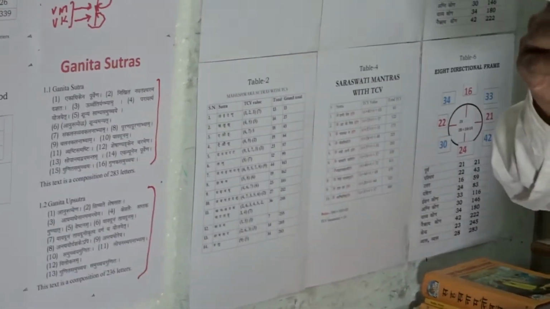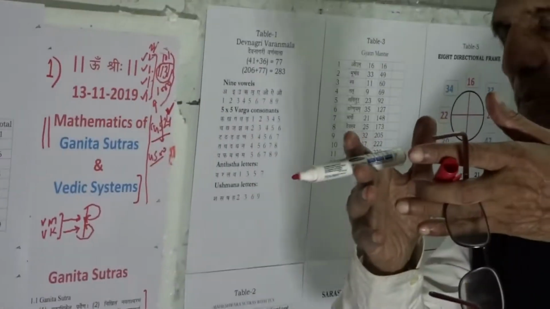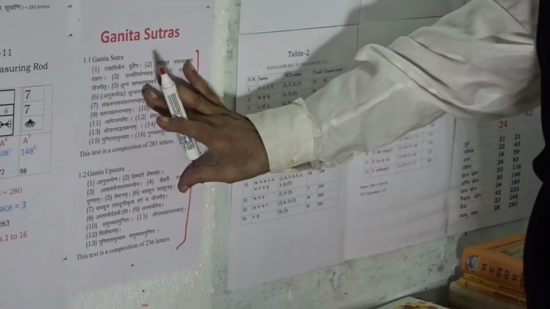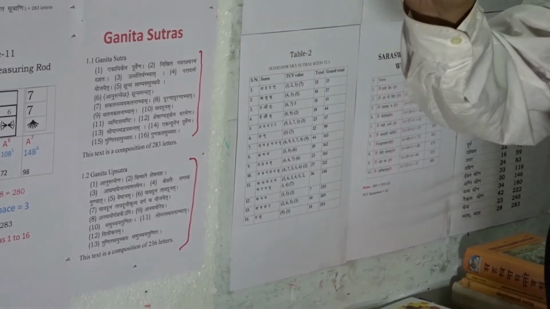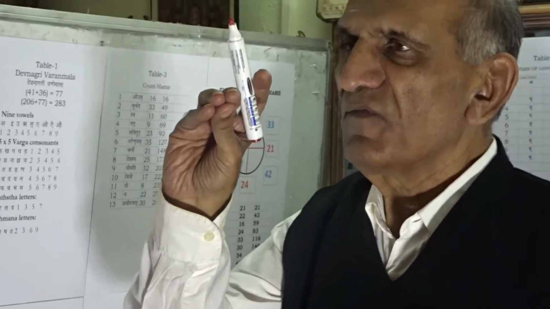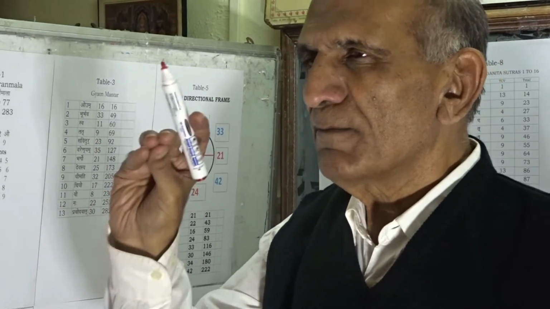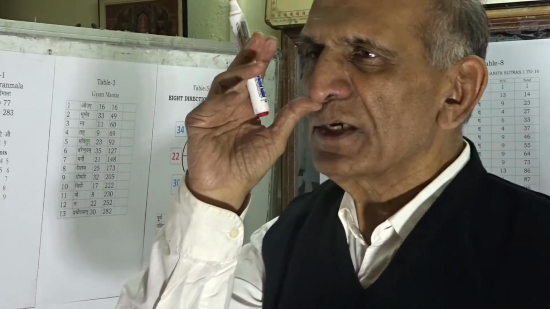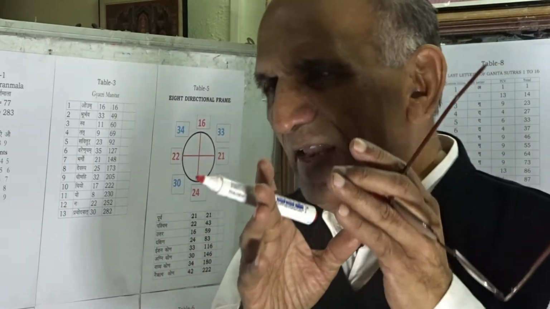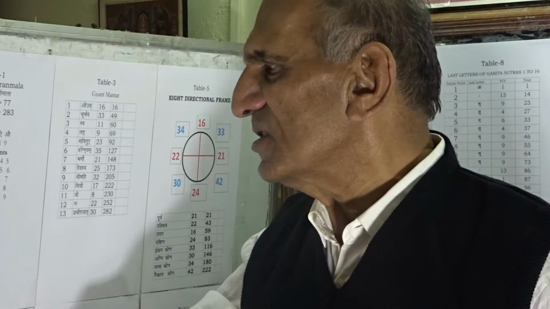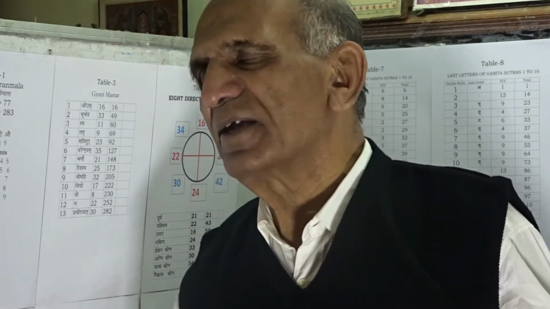Shankaracharya was of the view that once this piece of literature is given the designation of Vedic Ganita Sutras, then there must be mathematics in it, whatever may be the value of that mathematics, but it cannot be said that this text is not a mathematical text.